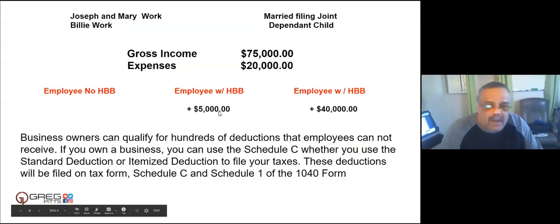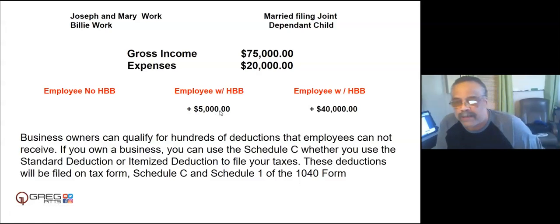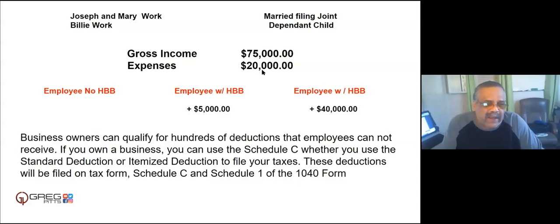Then someone who started their business, but they only made $5,000 during the year. They got $20,000 in expenses, but they made $5,000. And last but not least, somebody that made $40,000 in their business, in addition to the gross income of 75. So let's take a look at these 3 different scenarios.